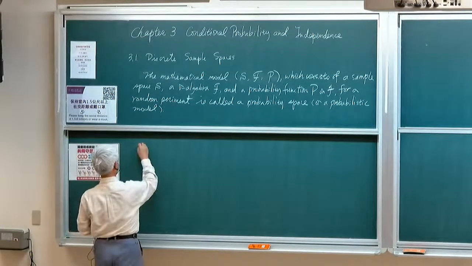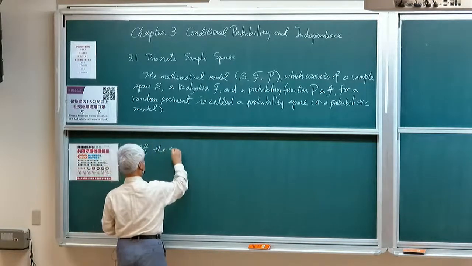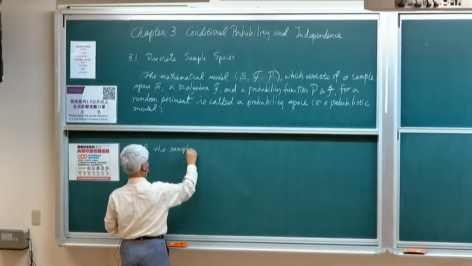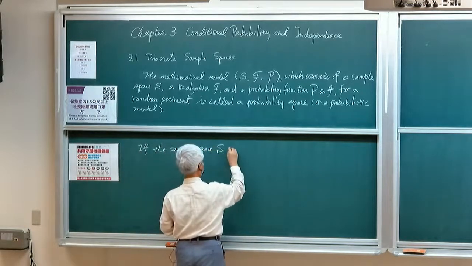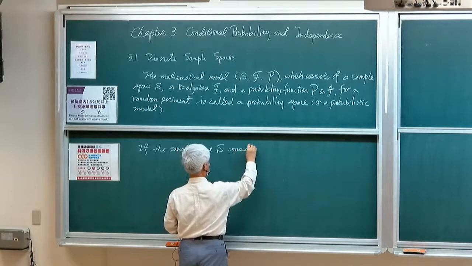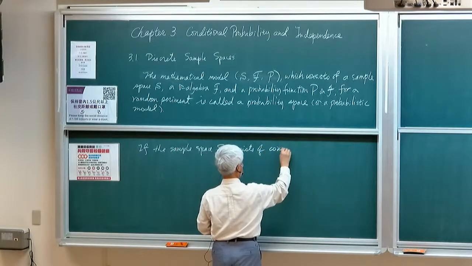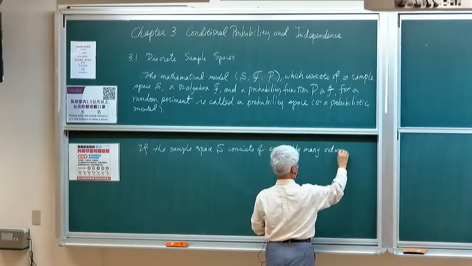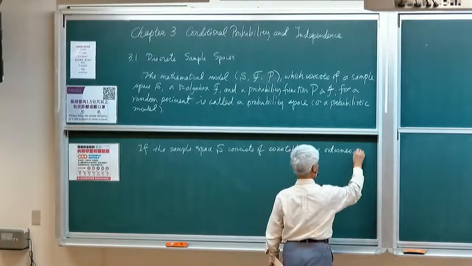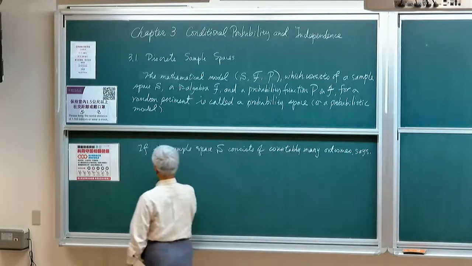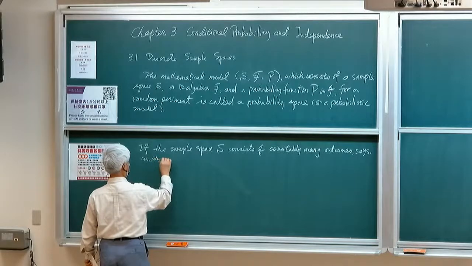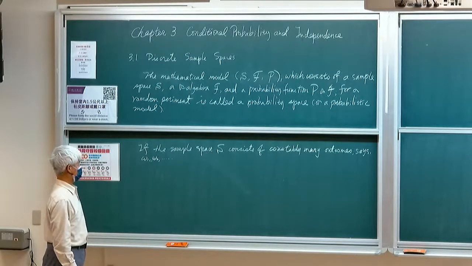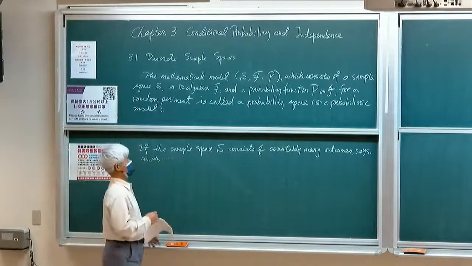All right, now if the sample space X consists of countably many outcomes, says omega 1, omega 2, etc. So we can count the outcomes in the sample space.